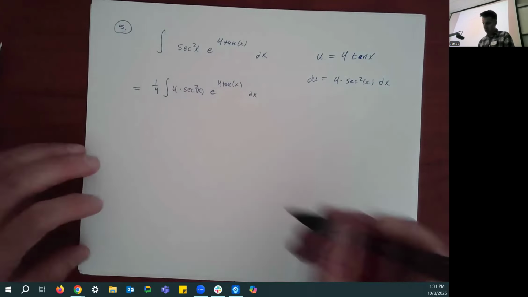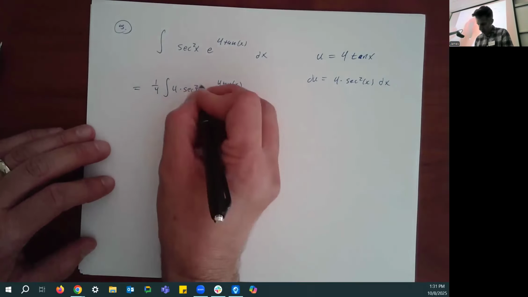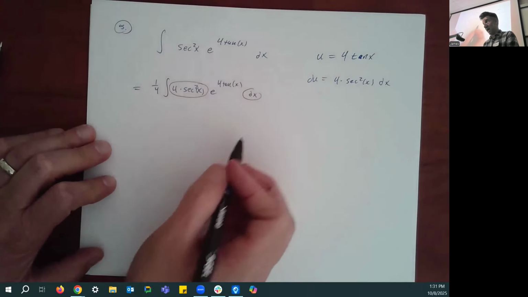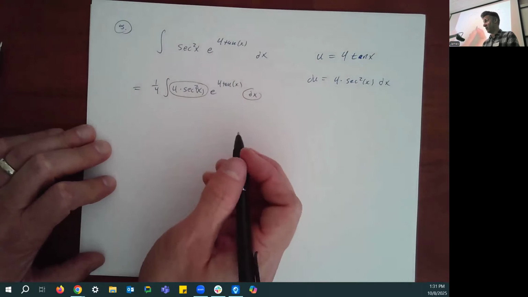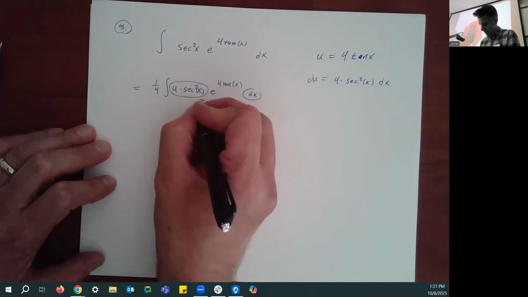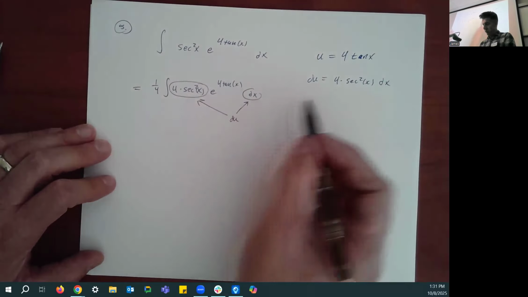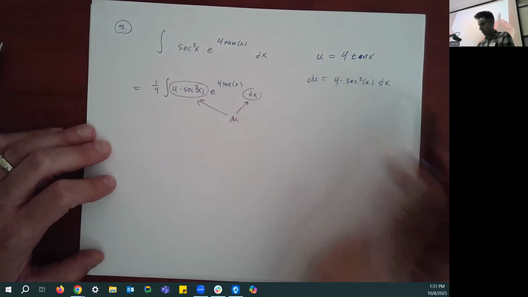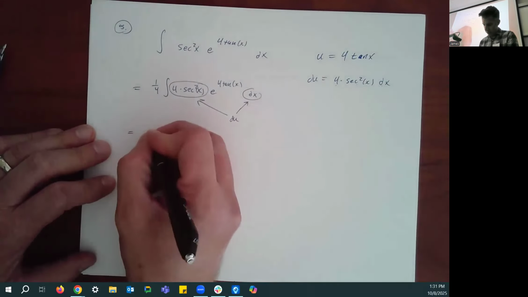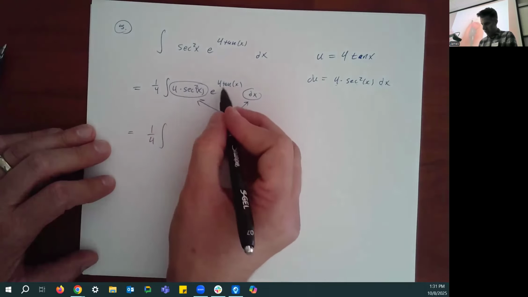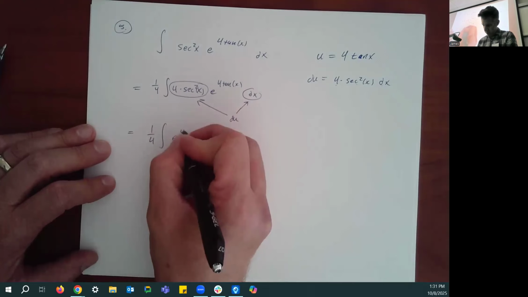And again, we see, oh, look, here and here. You definitely need to make sure the dx is getting counted as being necessary for your du transformation. Those two pieces are giving us our du: du is 4 times secant squared x times dx. So we can rewrite this integral as 1/4 times the integral of e to the u times du.